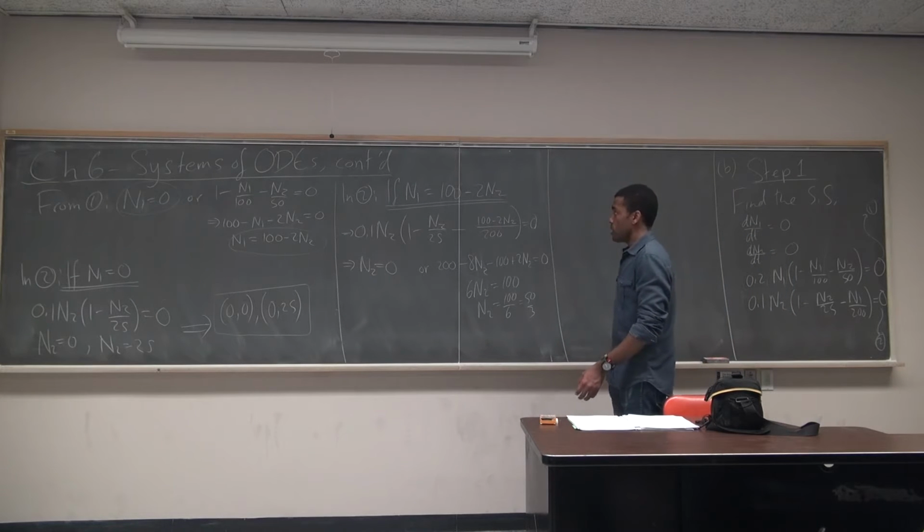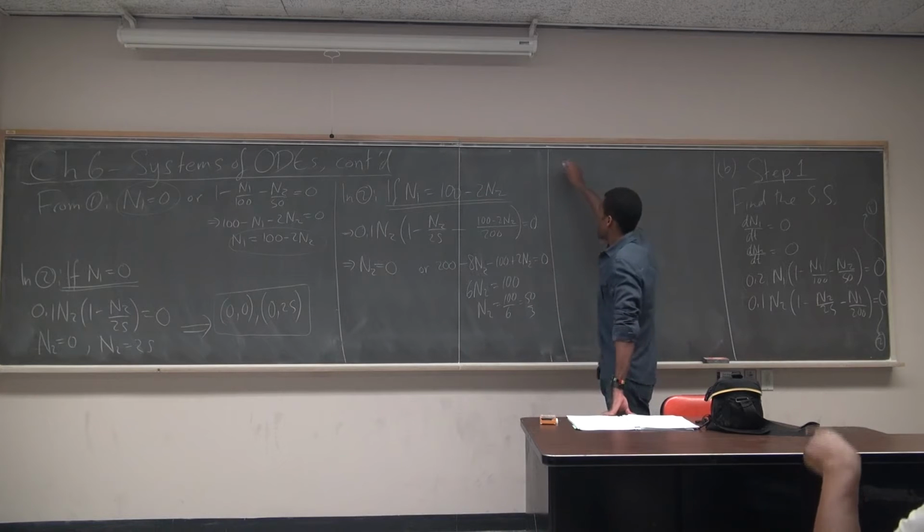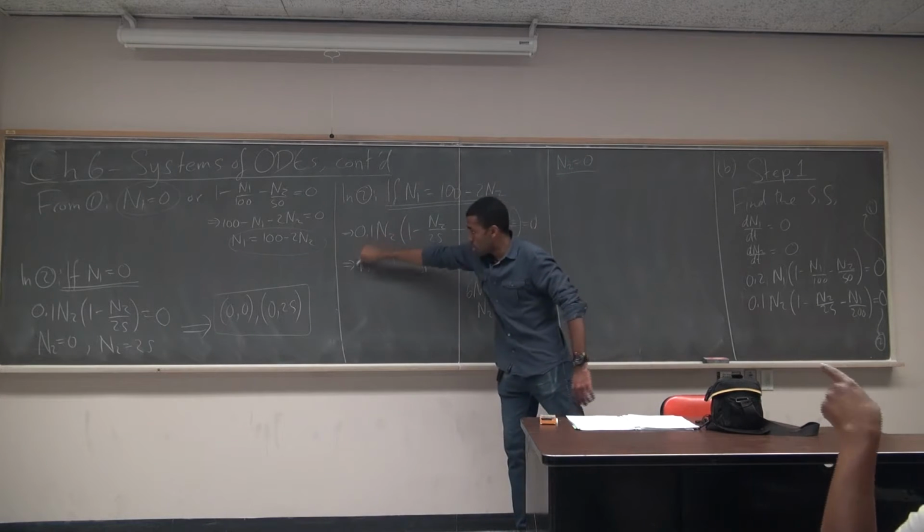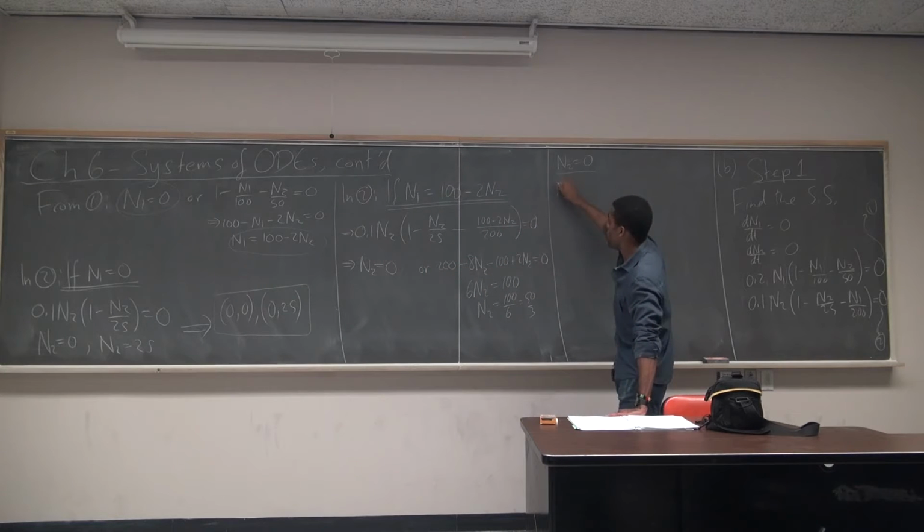And that would give me two other situations, right? So n2 equals 0 is one of the possibilities, which means my n1 would be 100 minus 0. So this leaves me with the 100, 0 steady state.